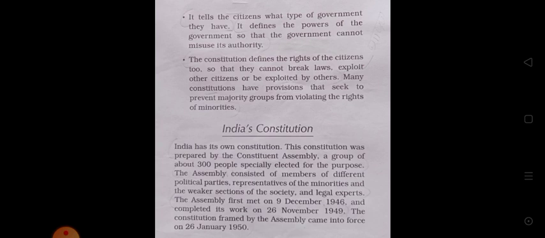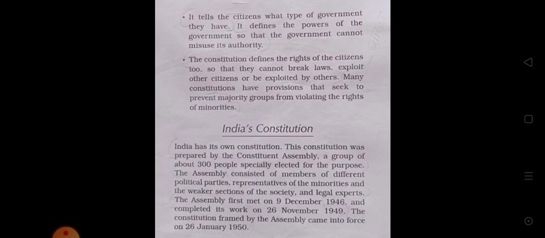Many constitutions have different provisions also, and everything is clearly mentioned in the constitution. Now let us see how our constitution, India's constitution, is.